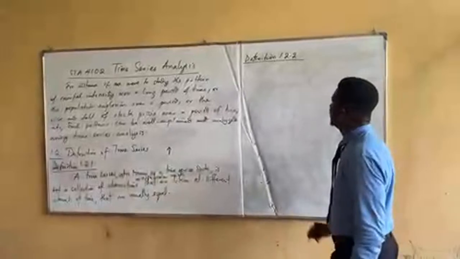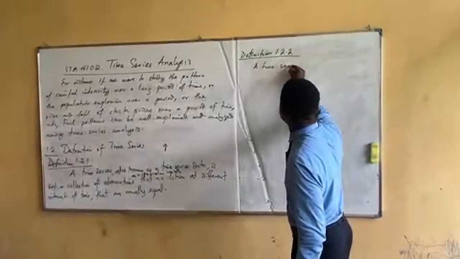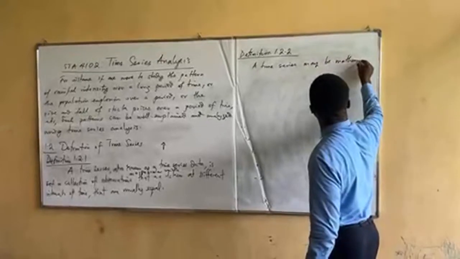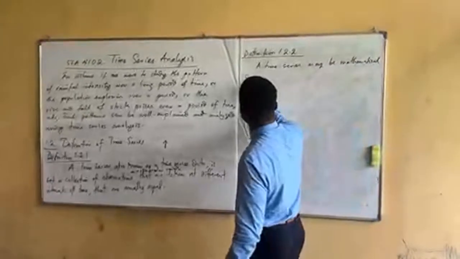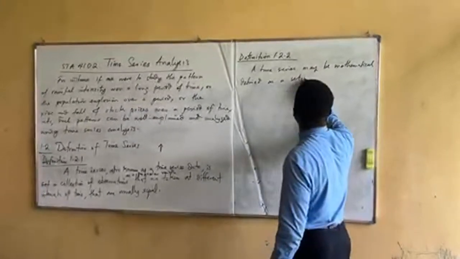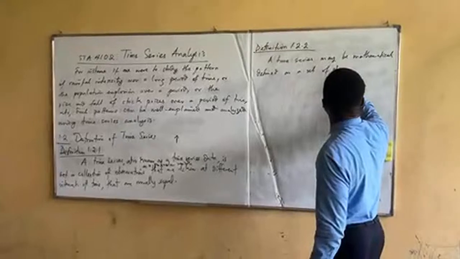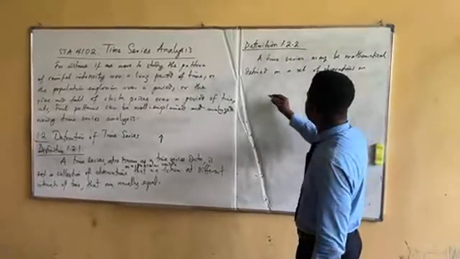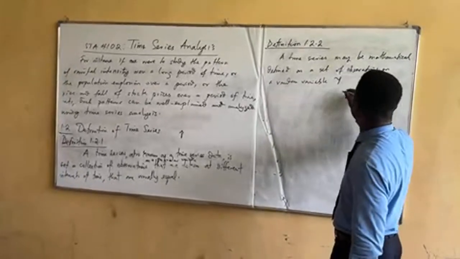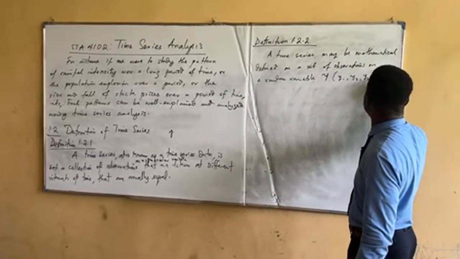A time series may be mathematically defined as a set of observations on a random variable y: y1, y2, y3 up to yn.